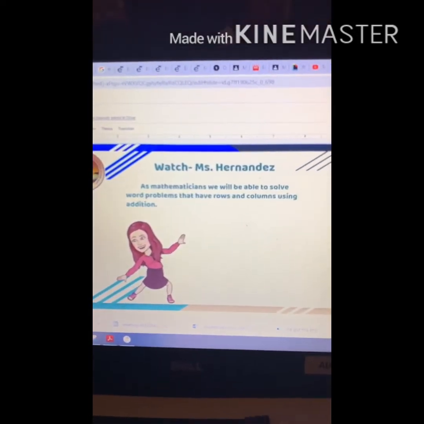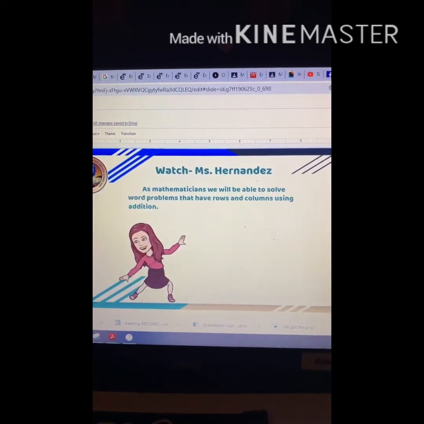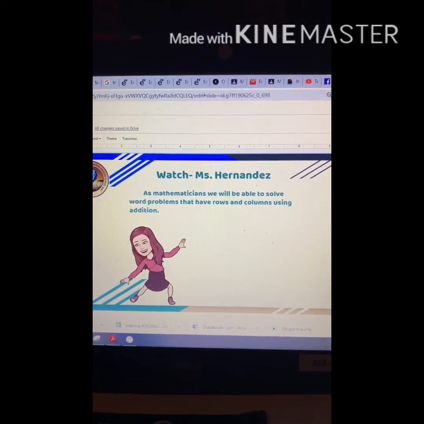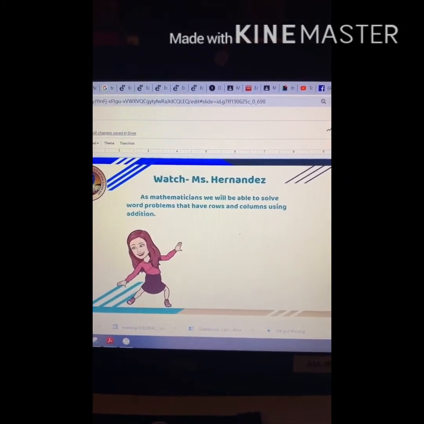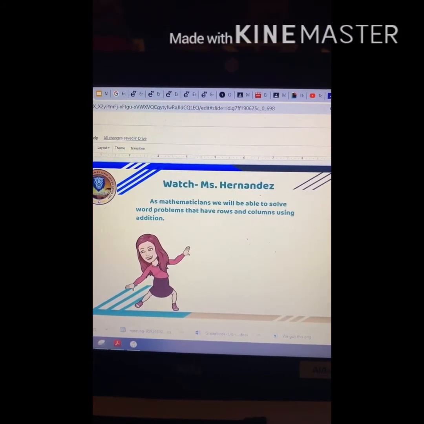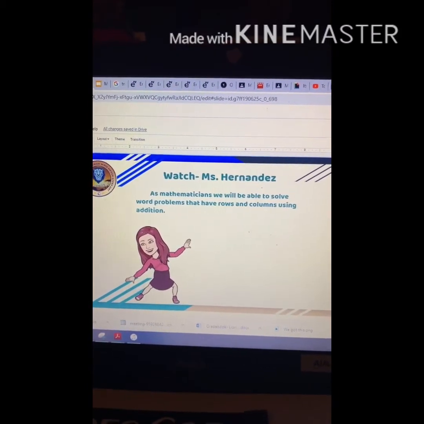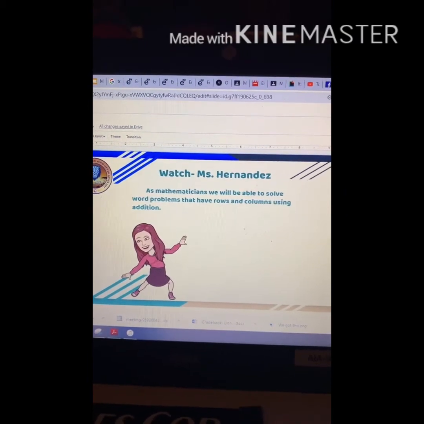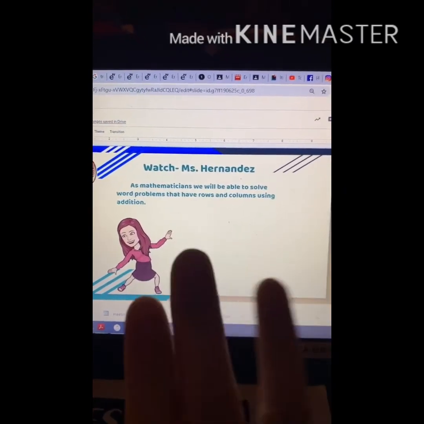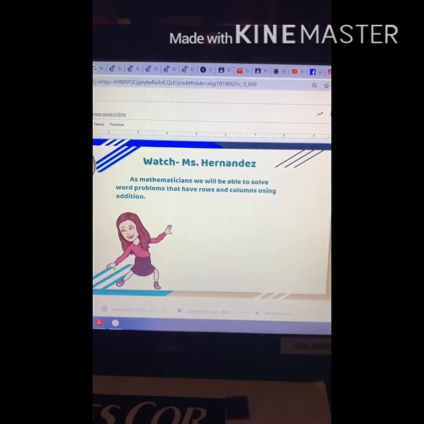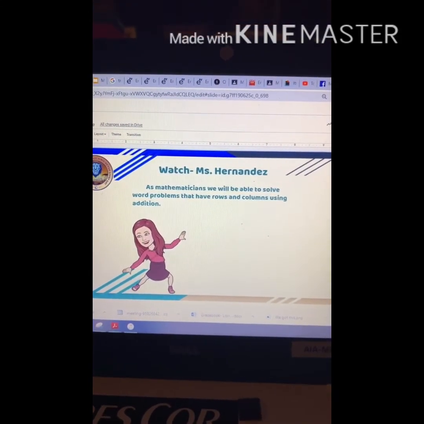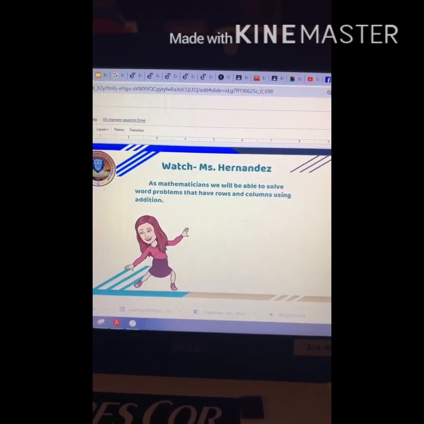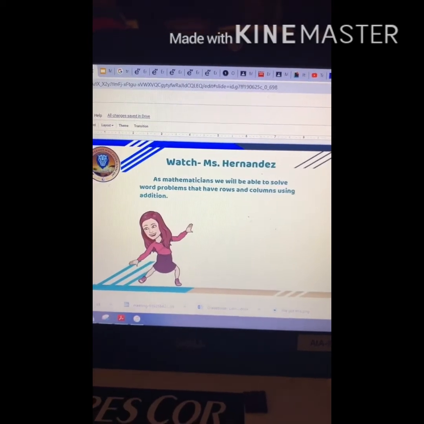So today, as mathematicians, we will be able to solve word problems that have rows and columns using addition. So when we start our word problems, there's 3 things we need to remember. What are those 3 things we need to do during the time that we solve our word problems?